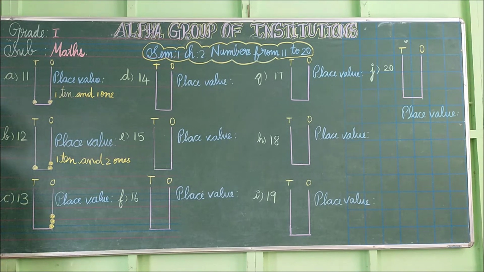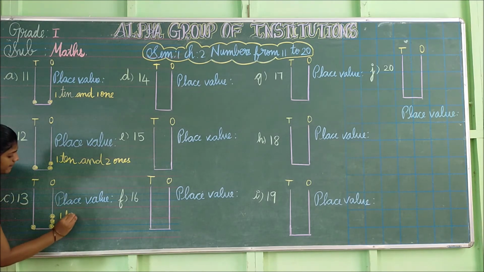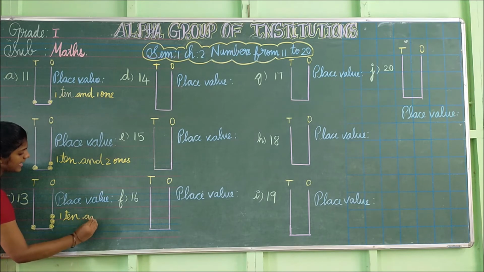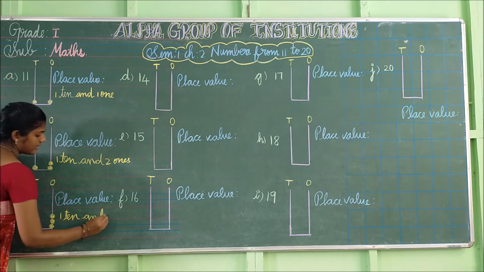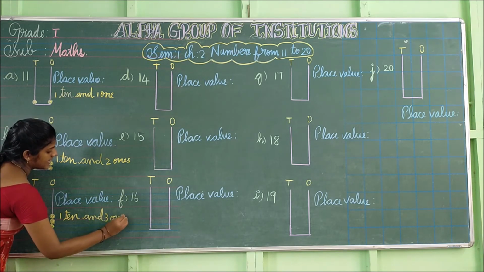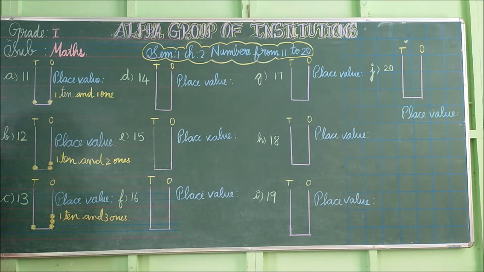Yes, we have 1. So I am going to draw 1 bead. See here. So I have drawn 1 bead. Here we have 1 ten and 3 ones. So the place value is 1 ten and 3 ones. Do you understand children?